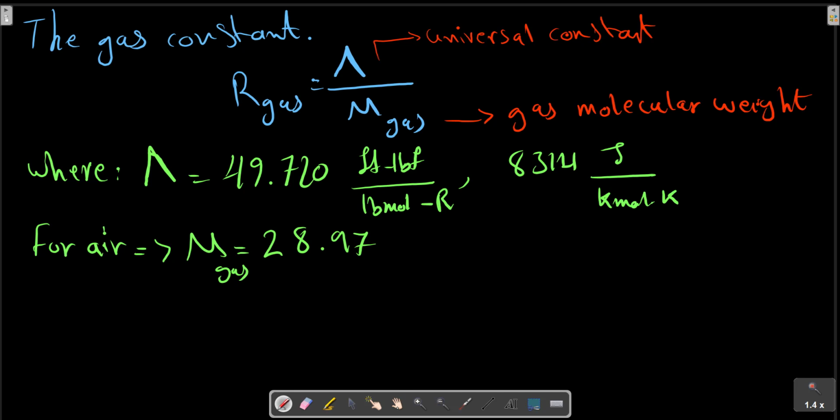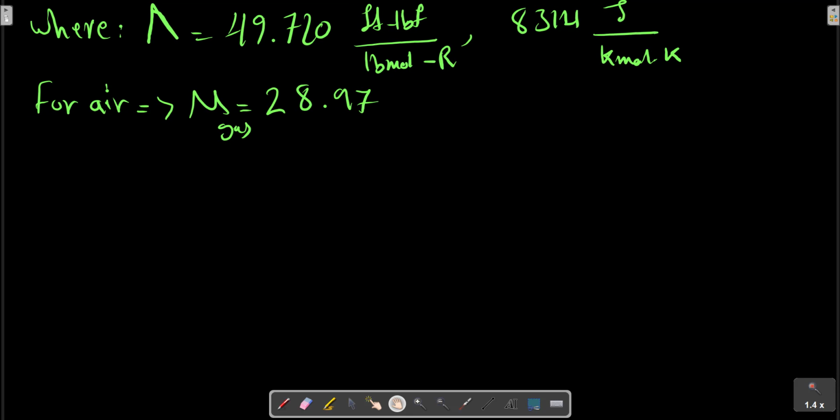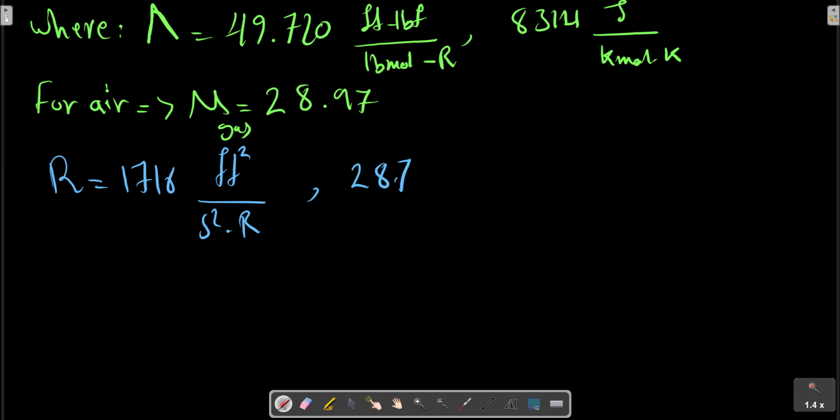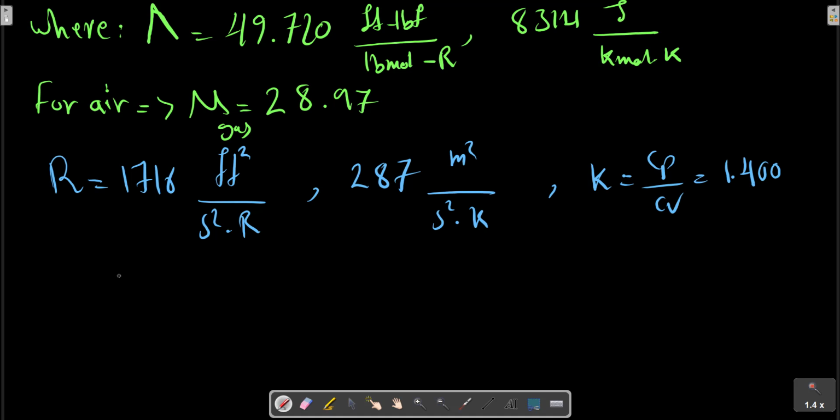For air, we can calculate the properties based on the universal constant and molecular weight: R equals, in Rankine, or in SI we have meters squared per second squared Kelvin, and K, the specific heat ratio.